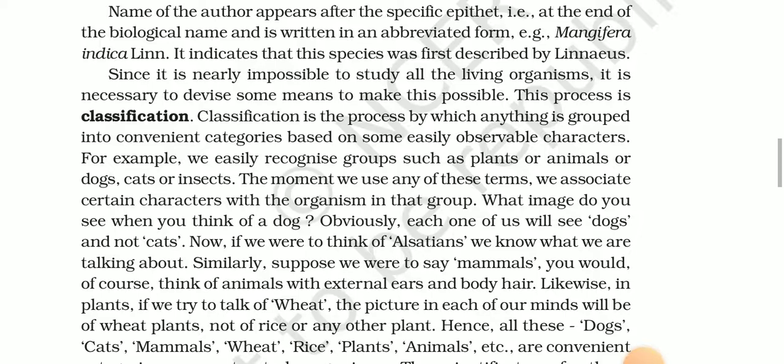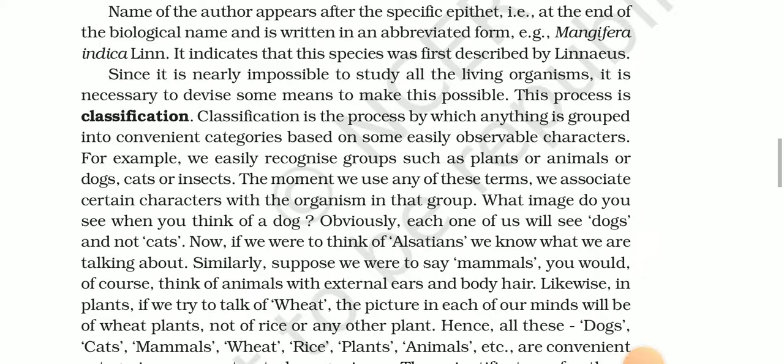There are 1.7 to 1.8 million organisms in the world, and it is not easy to study each of them, so we have to group these organisms. That process of grouping organisms into different categories based on easily observable characters is called classification.